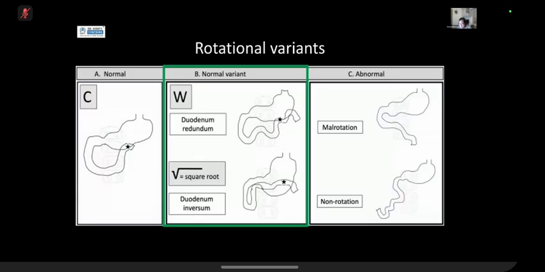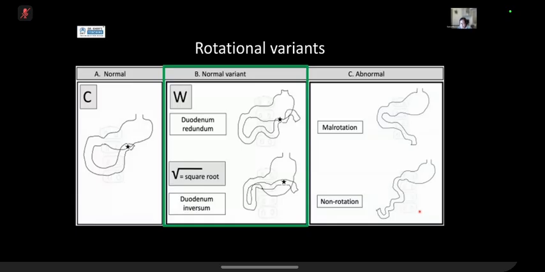Unless you continue the study further, until the contrast goes into your colon, you can't tell. But if it's non-rotated, I'll still say it's malrotated, because the bowel has not rotated properly, and it's something that I will inform the surgeons.